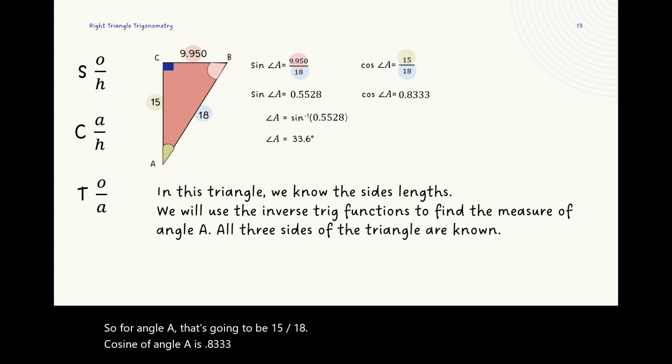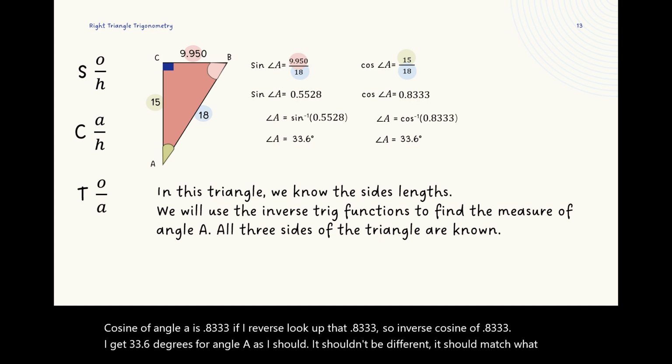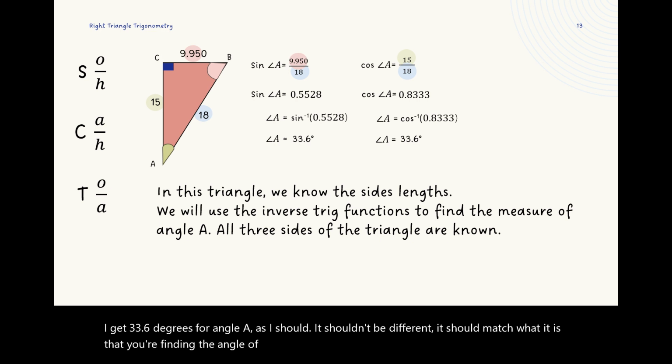If I reverse look up that 0.8333, so inverse cosine of 0.8333, I get 33.6 degrees for angle A, as I should. It shouldn't be different. It should match what you're finding the angle of. It shouldn't be different if you use sine or cosine.